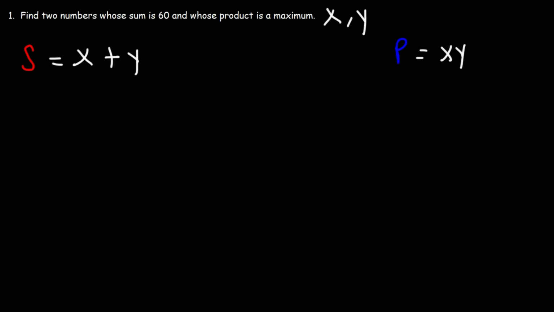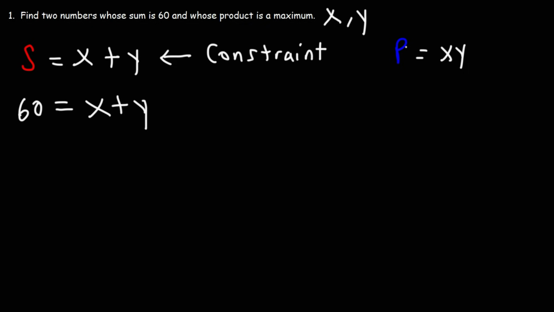The objective function is the function that we're going to find the first derivative of, set it equal to 0, and solve for either x or y. Now we don't know the value of the product, but we do know the value of the sum. So the sum is a fixed value. Therefore, this is the constraint equation. And this is the objective function.